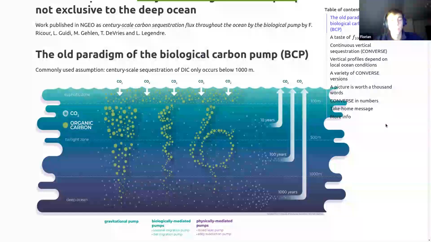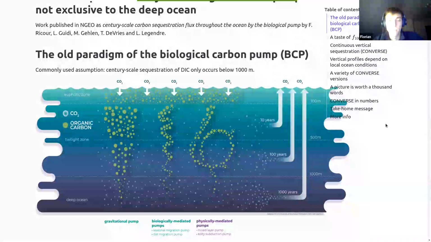Then you have the biologically mediated pump, which is basically two sub-pumps. You have the vertical migration of organisms on a daily scale and also on a seasonal scale. Organisms feed at the surface, and then they transport this ingested carbon at depth, where it is remineralized.